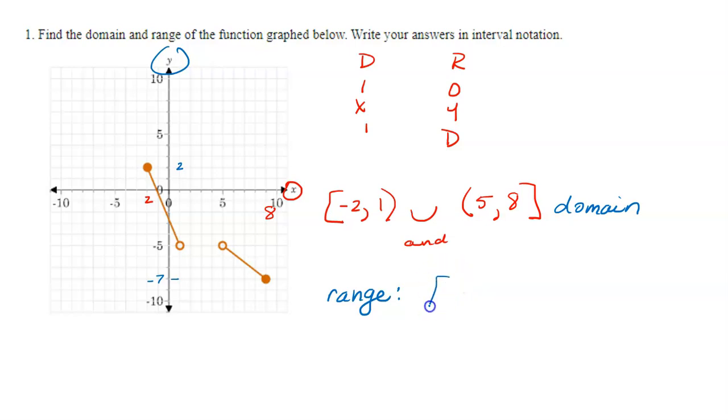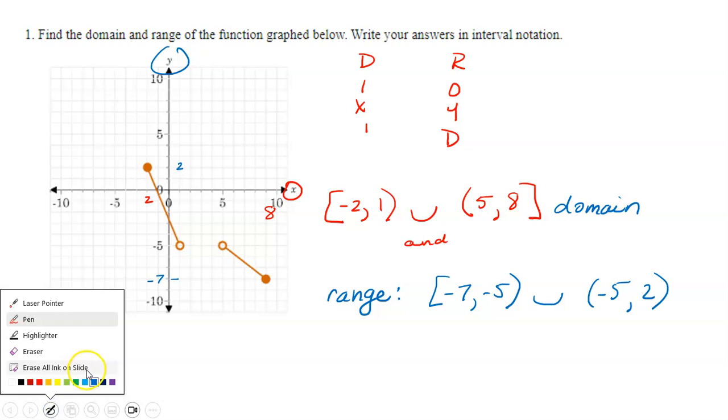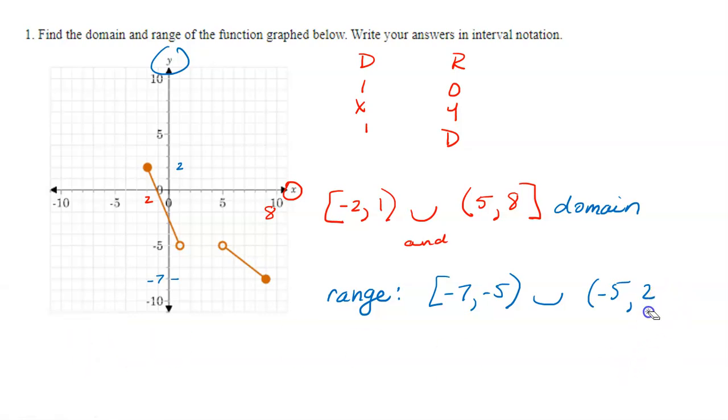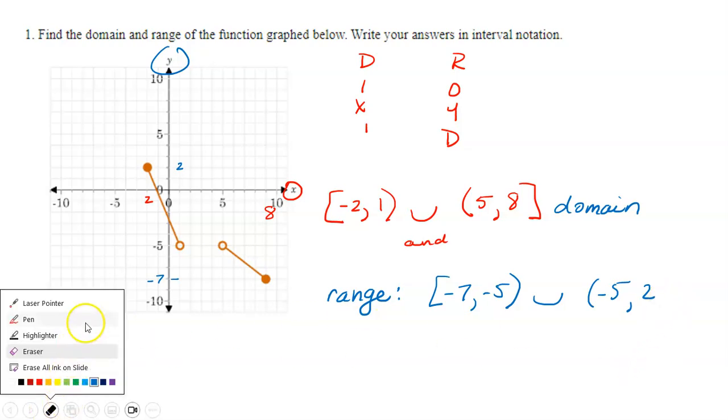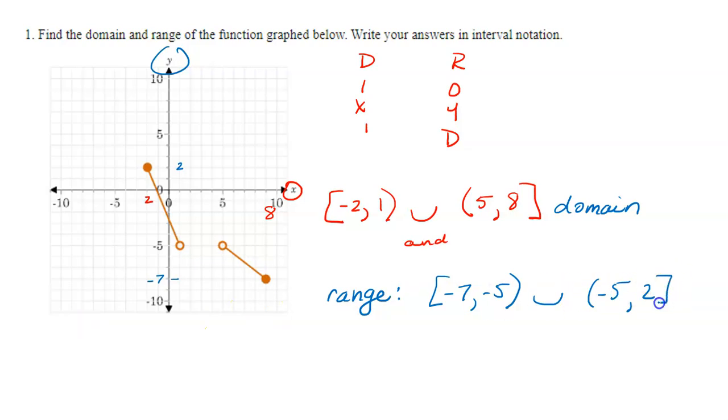So I would have it includes -7 and goes to -5, but it doesn't include -5, union, okay? -5 to +2. Oh, wait, that's inclusion. We're including +2. Okay, delightful. All right, let's go on to the next.